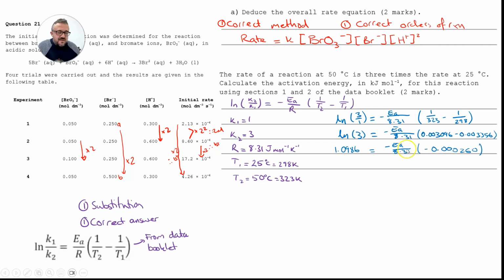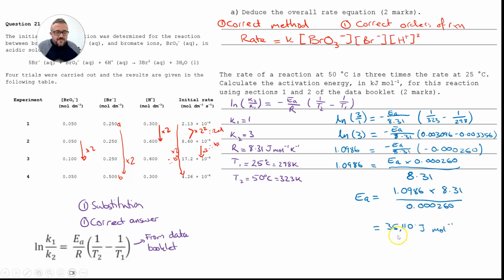I like to do each of these steps. So it then becomes Ea times this divided by that, okay, because that's a negative number, but the signs cancel each other out. And we end up with activation energy equaling 1.0986 times 8.31 divided by 0.00260. We end up there with 35,110 joules per mole, which is obviously 35.1 kilojoules per mole.